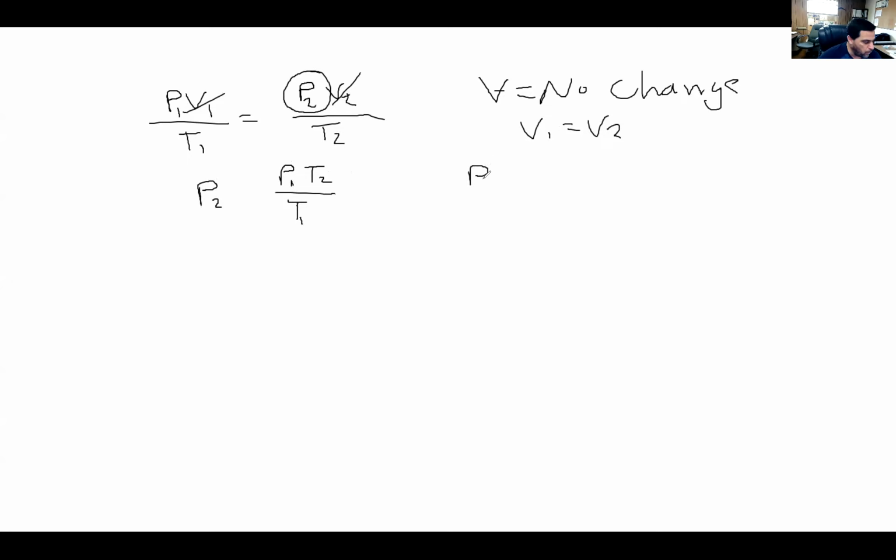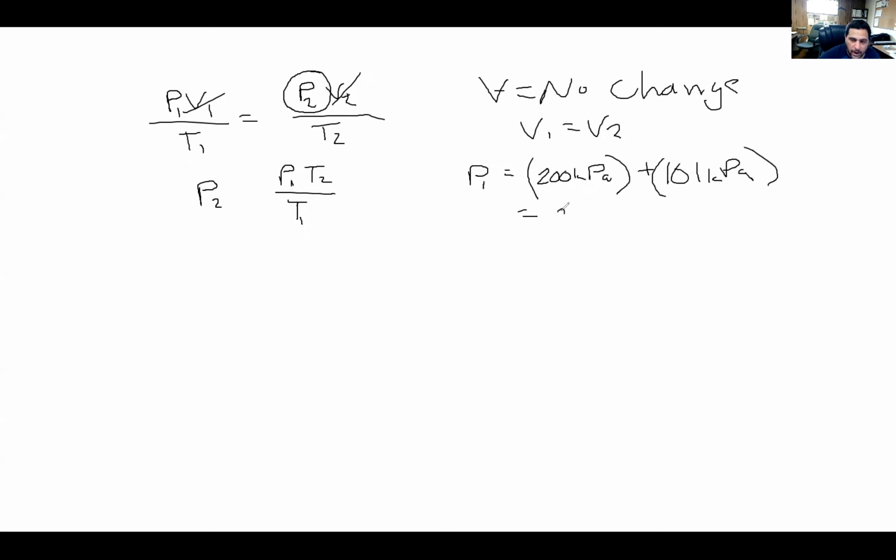So P1, we were given that the gauge pressure, when you measured the gauge, was listed as 200 kPa. But to get to absolute, which was what we just talked about, we have to add atmospheric pressure, which is 101 kPa.